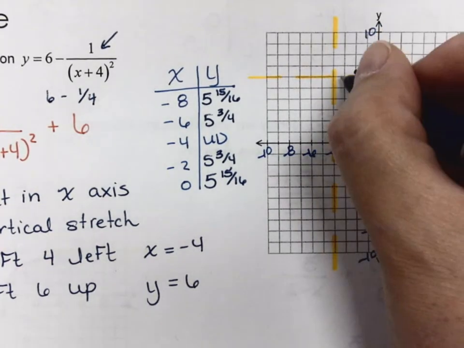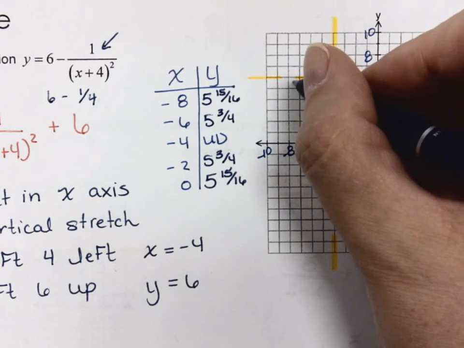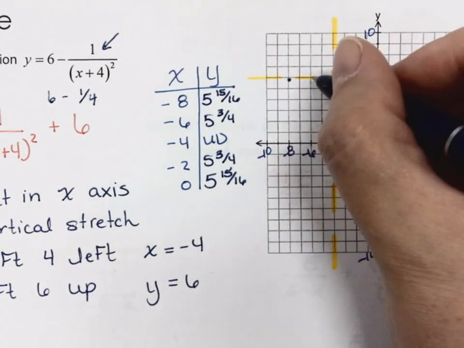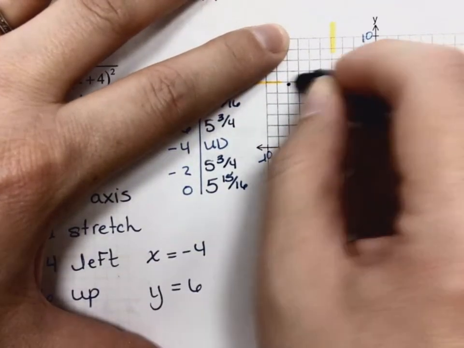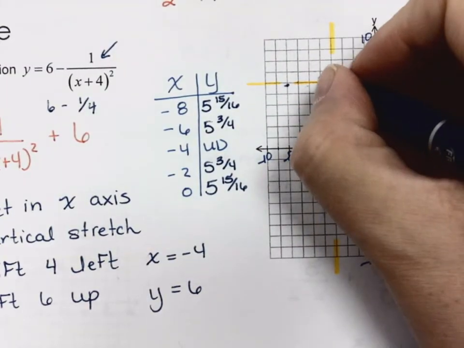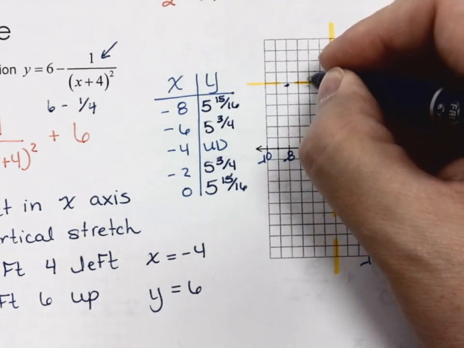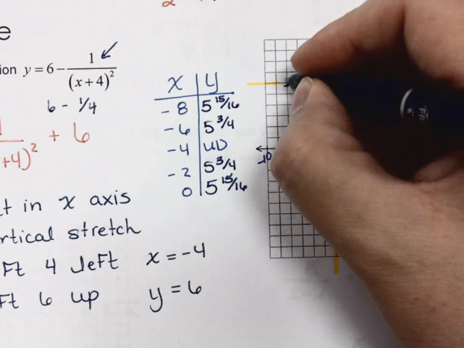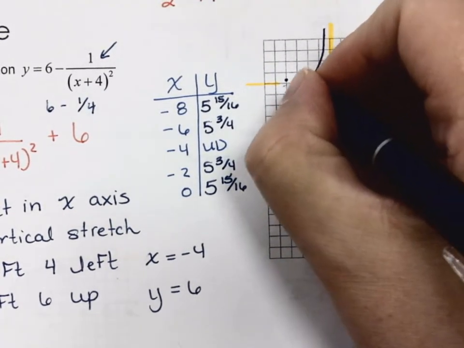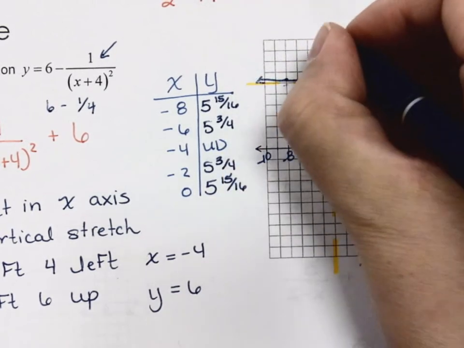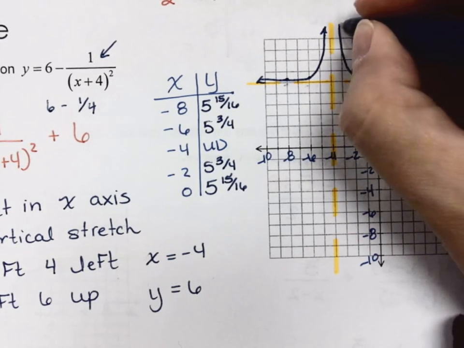Oh, sorry, they should be on the same side. Ooh, -6. I'm doing that wrong? How come?